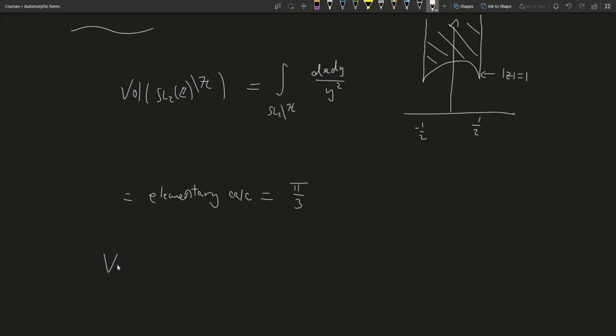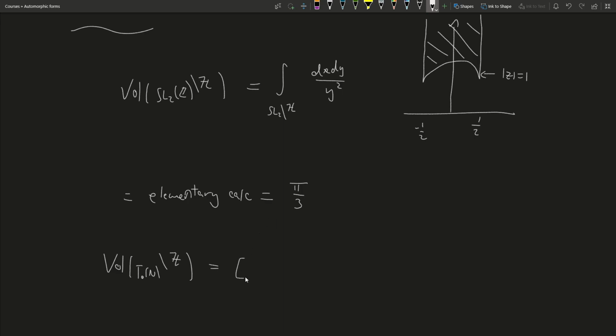And now let's ask about the volume of gamma naught n quotienting the upper half plane. And one way to do this is to say that you just have a copy of this SL2Z fundamental domain for each coset.